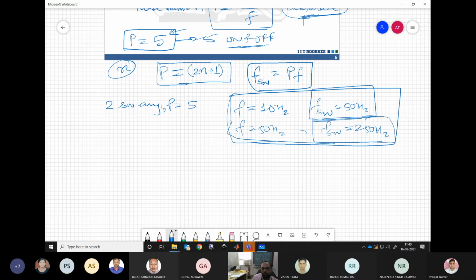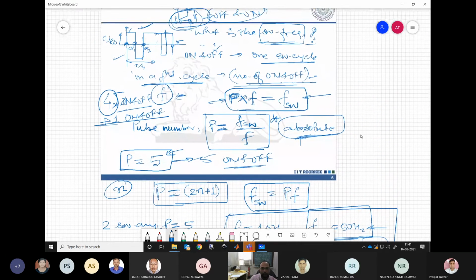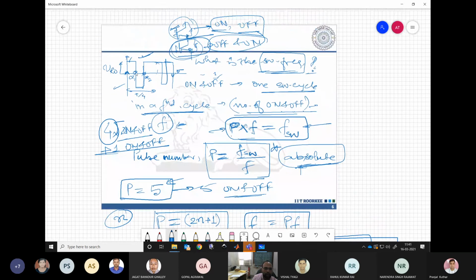So this is what we have when we have fixed pulse number. Now, irrespective of whether we are operating at 10 Hz or 50 Hz or any other frequency, and whatever is the switching frequency, if the ratio is maintained the same, which means the properties of the waveform are defined by these two switching angles only.